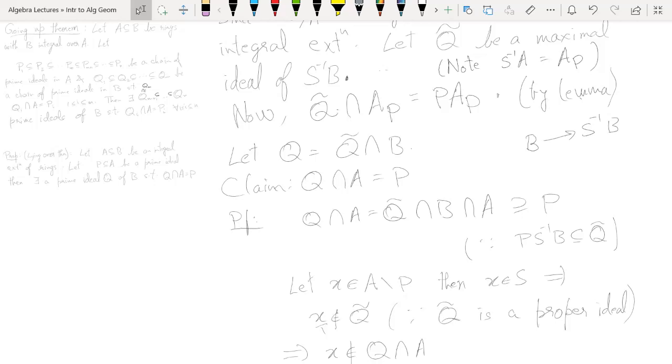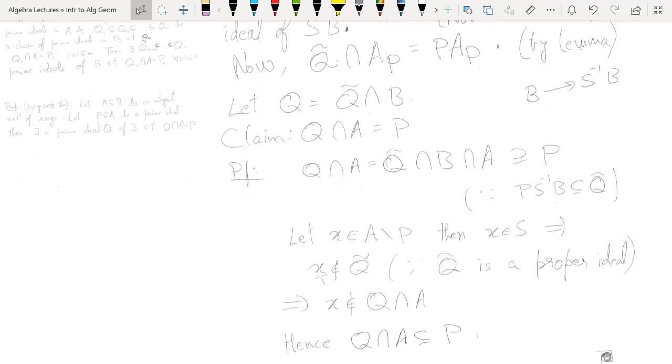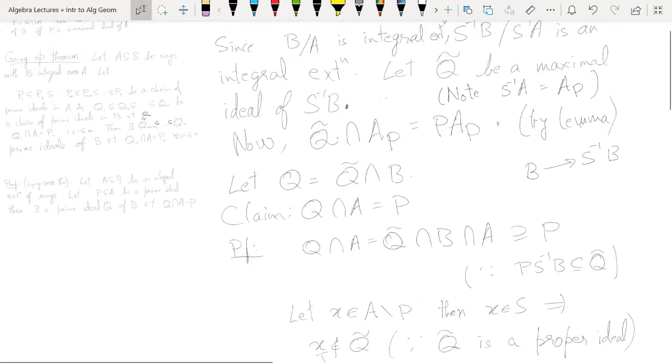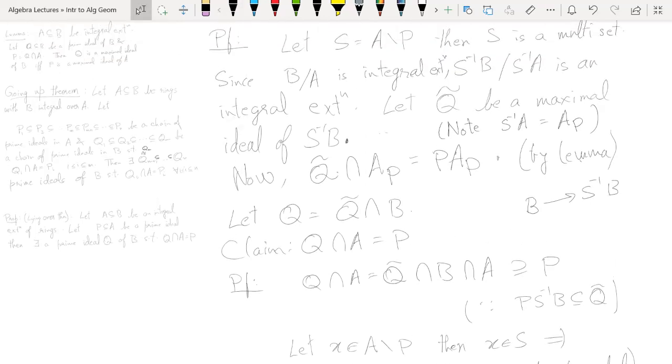So the claim is Q intersection A is P. Note that since we have contracted a maximal ideal, which in particular is a prime ideal of A localized at P, Q is a prime ideal of B. So if we show that Q intersection A is P, then we are done.